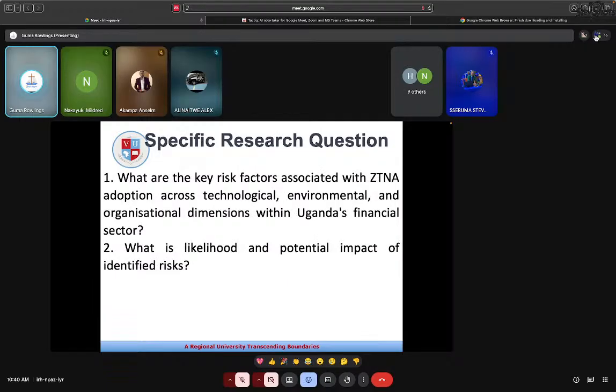Now, for the specific research questions, these ones will, of course, we are expected to mirror the specific objectives that I highlighted earlier on. We're asking, what are the key risk factors associated with ZTNA adoption across the TOE dimensions within Uganda's financial sector? What is the likelihood and potential impact of these identified risks?